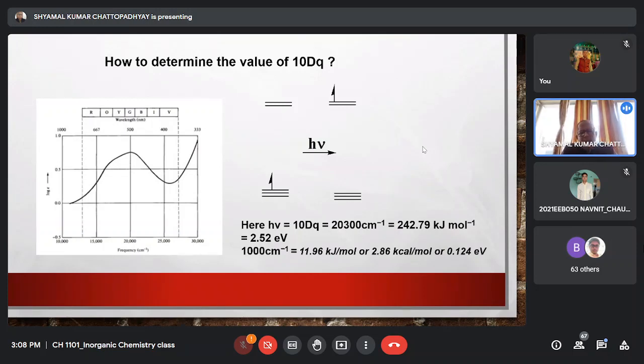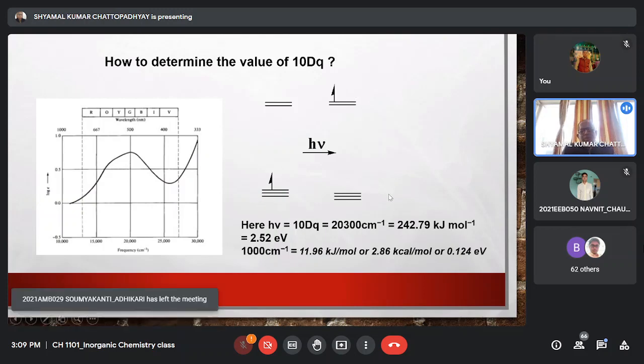Why are things more difficult? Because when you have more than one electron, the electron-electron repulsion comes into effect, and so when you promote an electron from a T2G orbital to an E orbital, along with the crystal field splitting, there is a change in the electron repulsion between two electrons when both are in the T2G orbital, and when one electron is in the T2G orbital and another in the E orbital.